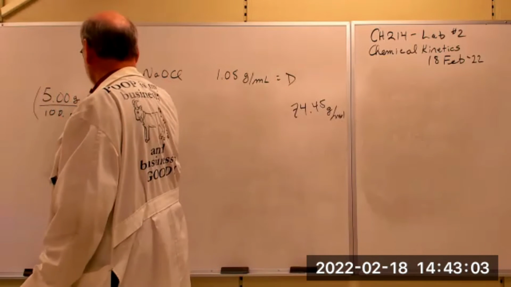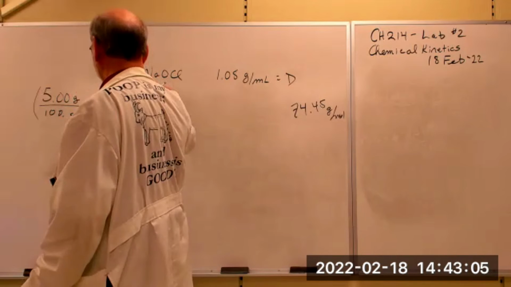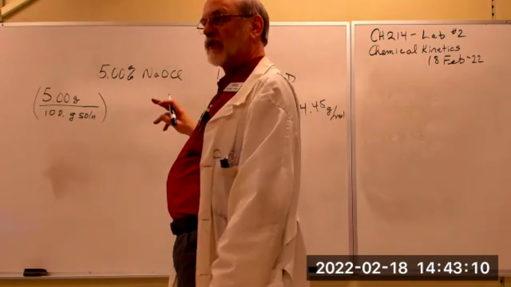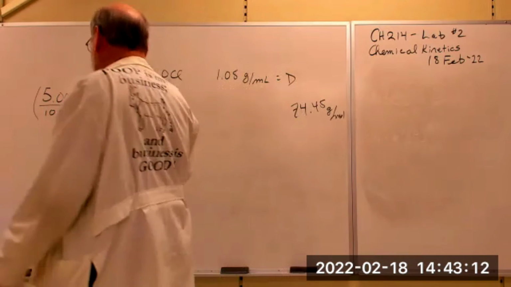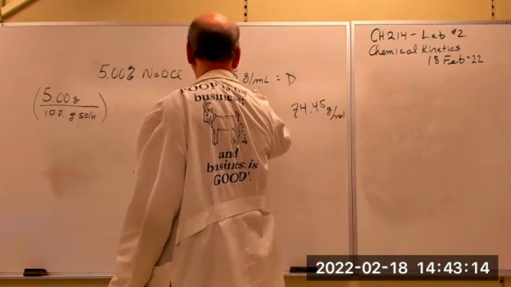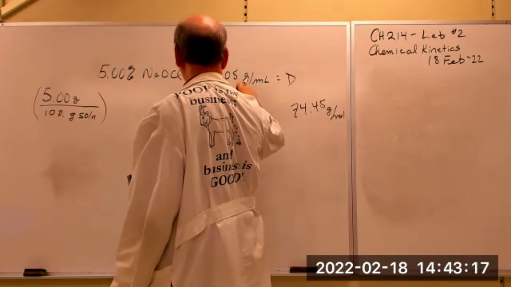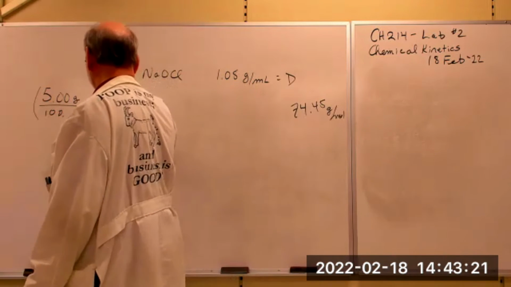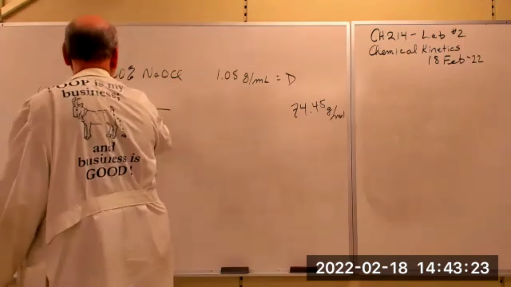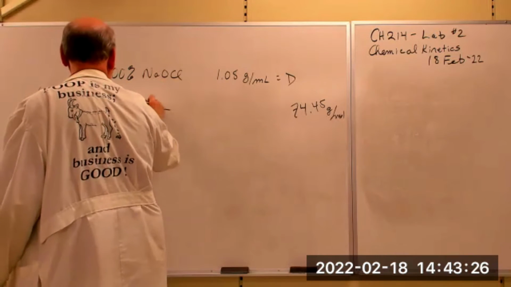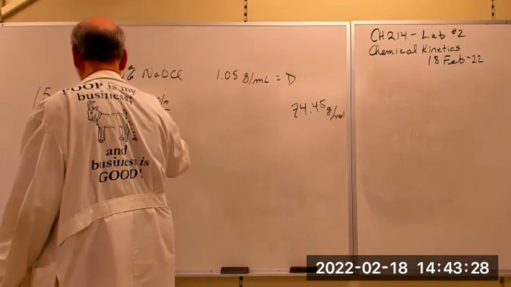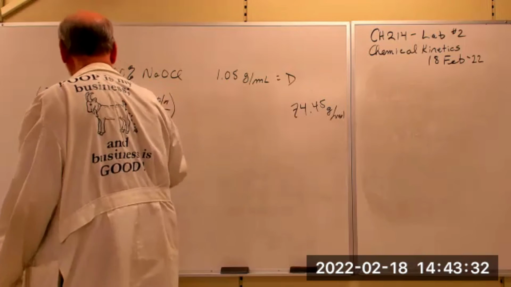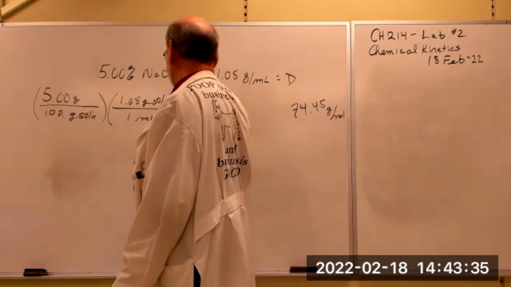Okay, so if this is the percent composition of sodium hypochlorite, we need to get it in molar form, moles per liter. So which one do we do first? Well, we can use this one. This is grams of solution per milliliter of solution. So this is going to be 1.08 grams of solution per milliliter. Now we've got it in grams per milliliter.